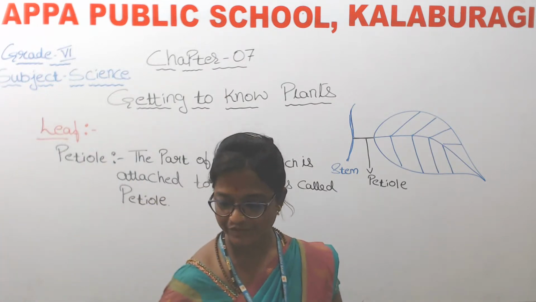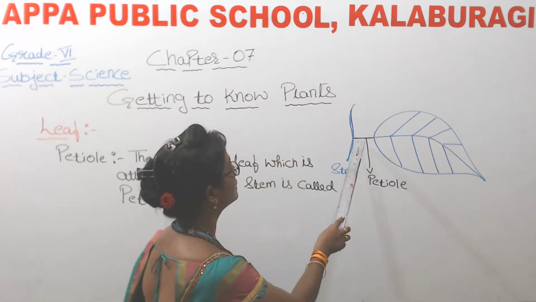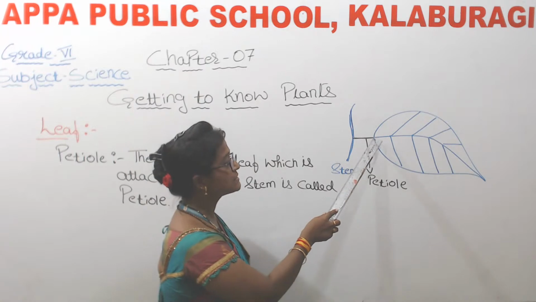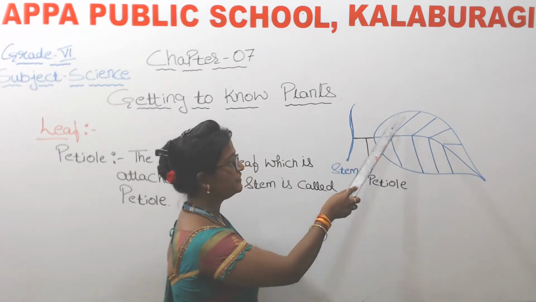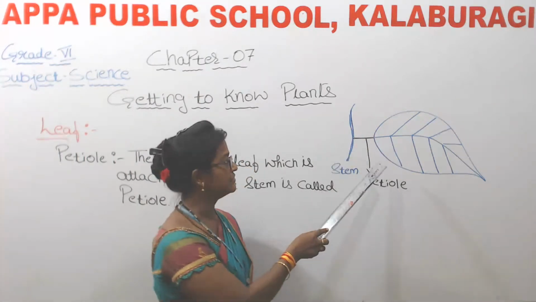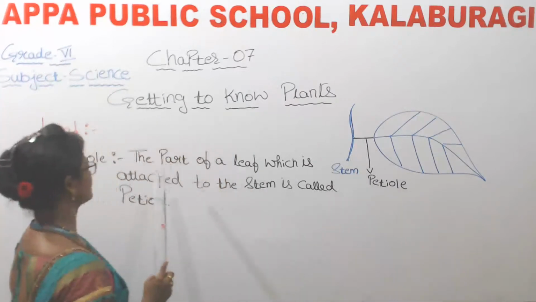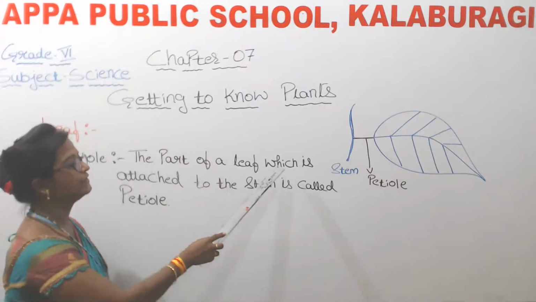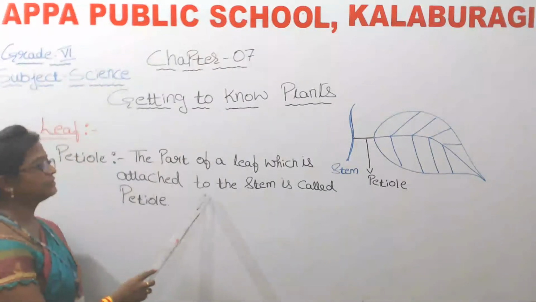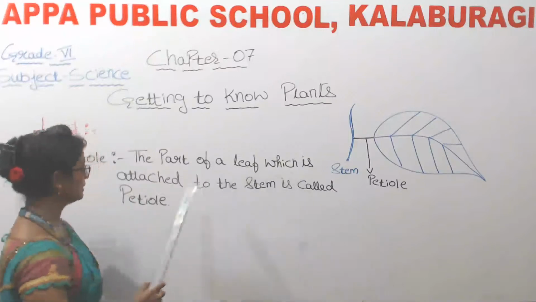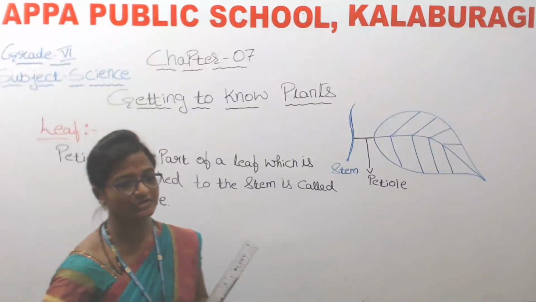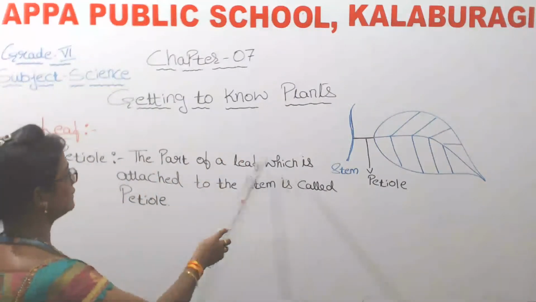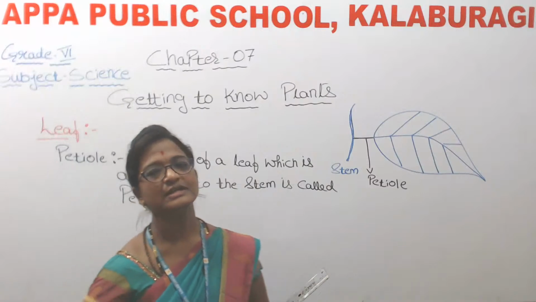Once again I'll repeat, children. This is the leaf and this is the stem. So this part of a leaf which is attached to the stem is known as petiole. Same thing I have written here. Do you get it, children? Petiole is the part of a leaf which is attached to the stem.